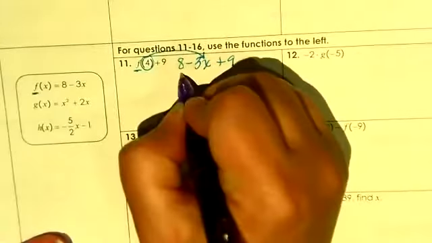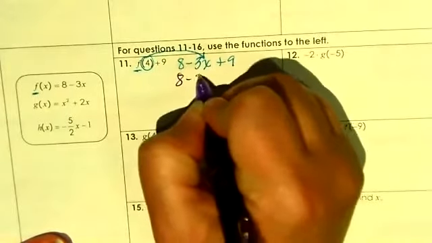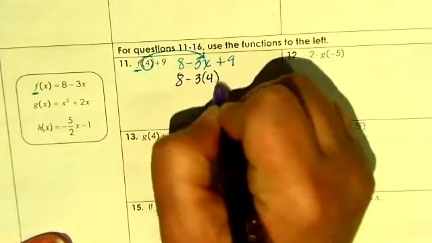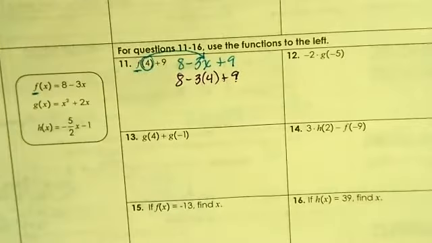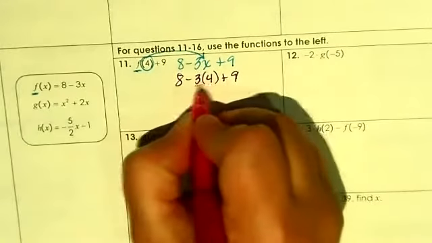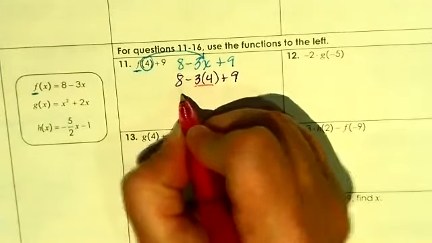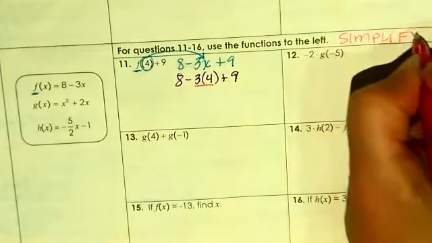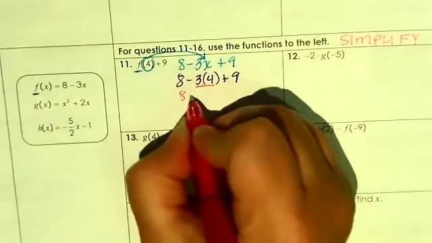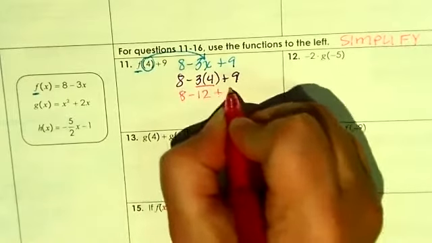So I'm going to have 8 minus 3 times 4 plus 9. And now we follow order of operations. We're simplifying. Use simplify. So we have 8 minus 12 plus 9.